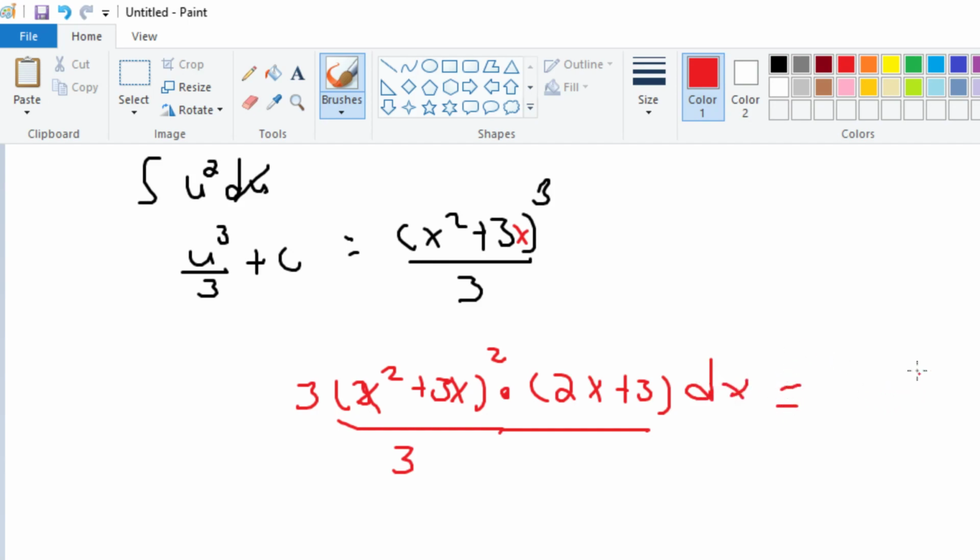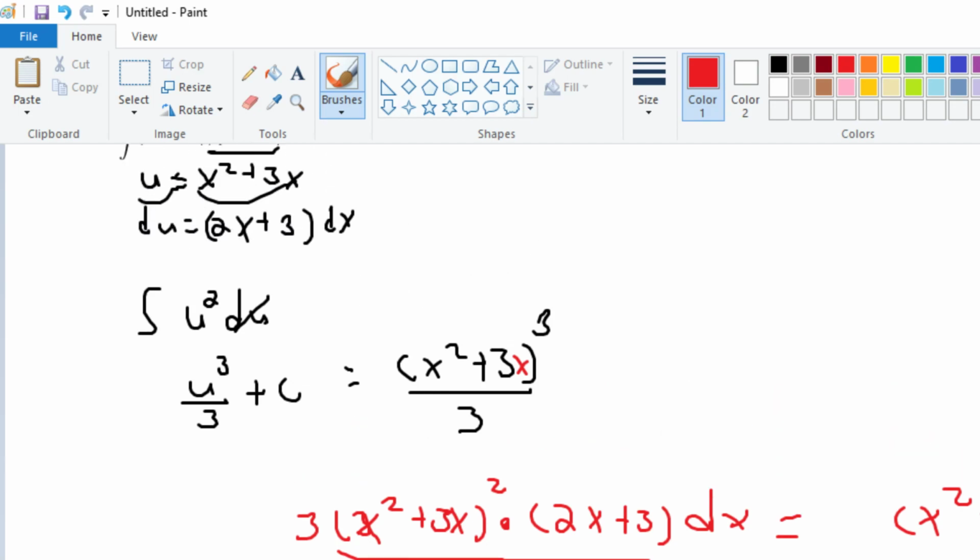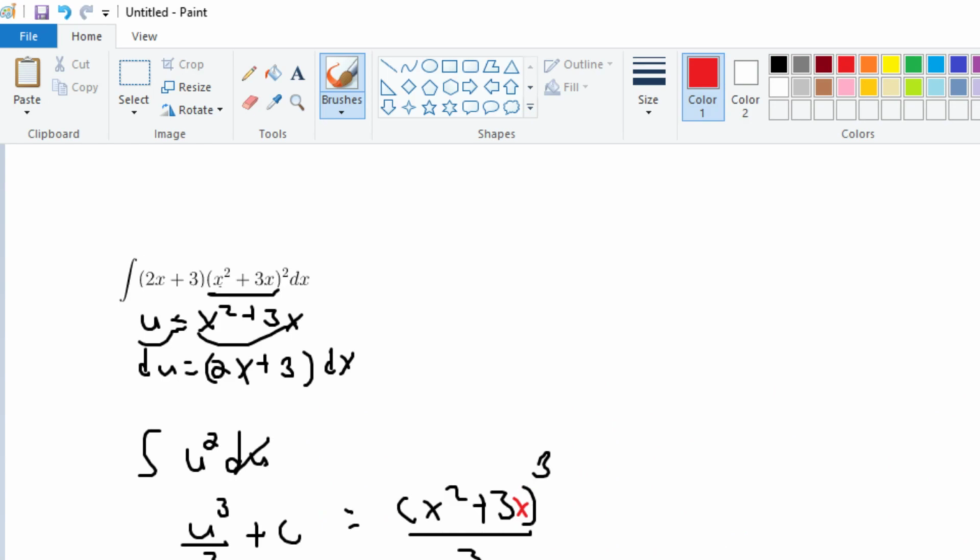So 3 goes into 3 one time, so we have x squared plus 3x raised to the power of 2 times 2x plus 3 dx. And now we just have to check. Did we come up with the same thing? And if we look, this is exactly the same as the beginning part. So we know that we did it.